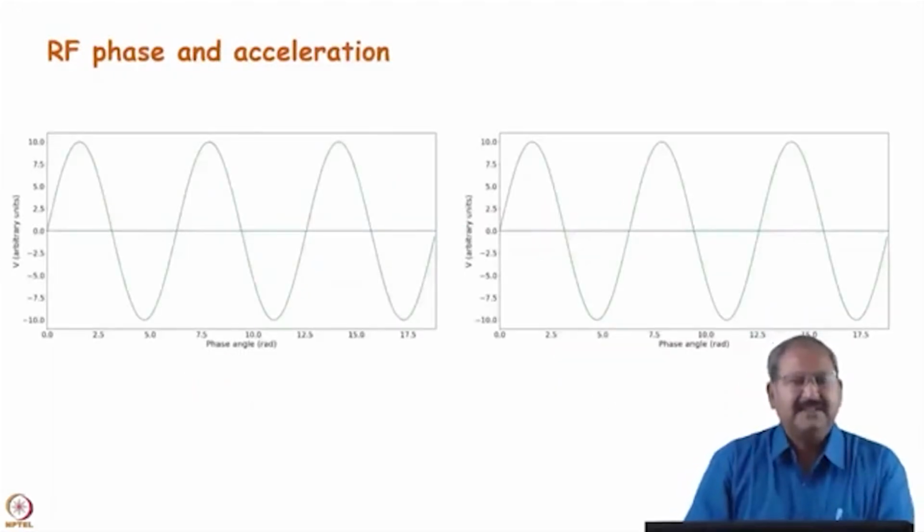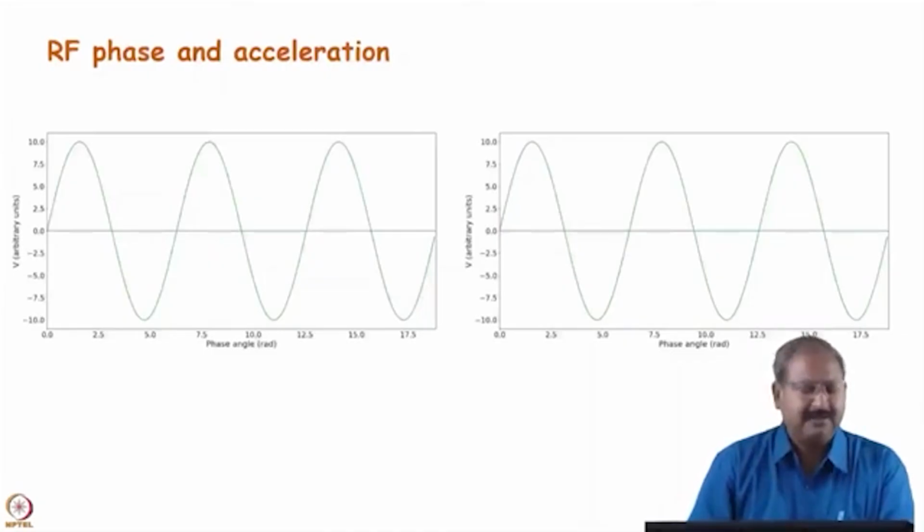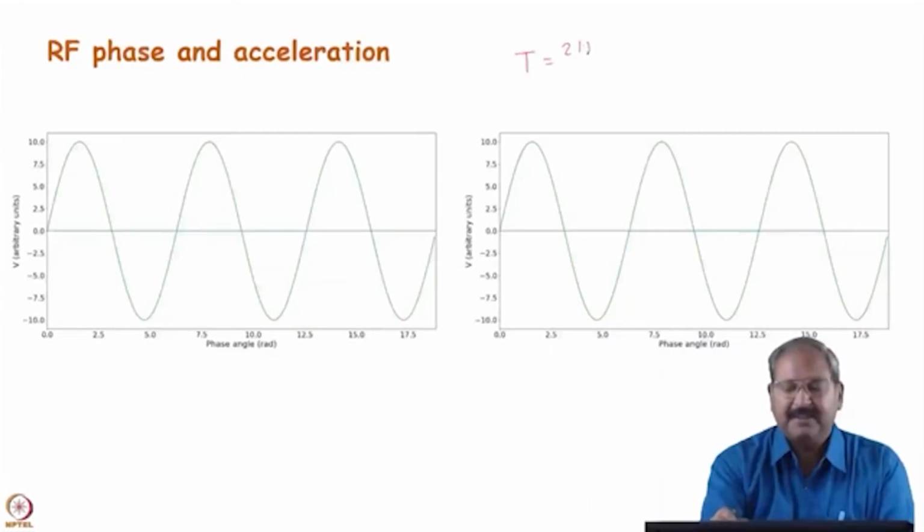Now we see how the delta E energy change takes place in the RF cavity. A synchronous particle always comes on the synchronous phase, but what about the deviated particles? How are they kept in the revolution orbits? In the microtron we have T equal to 2 pi gamma m upon q.